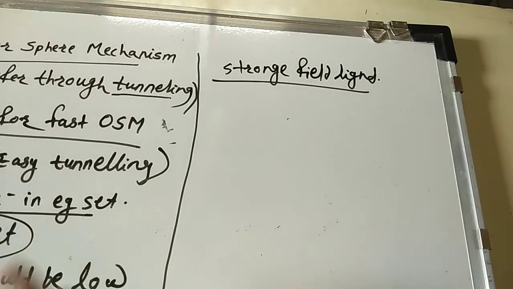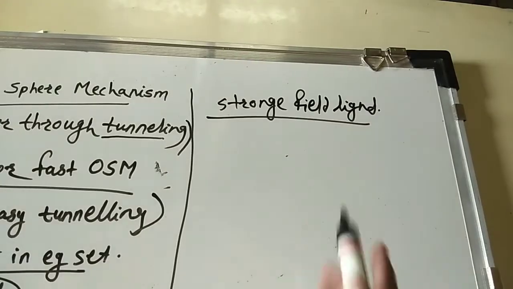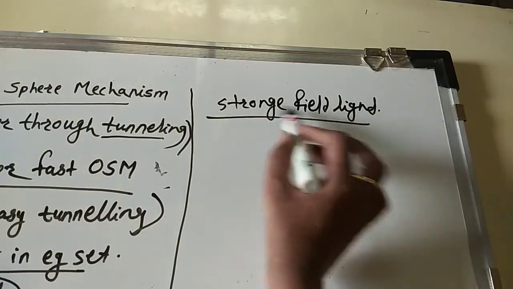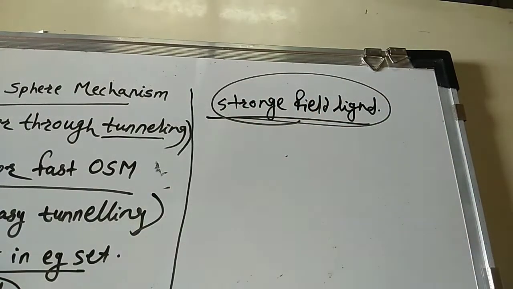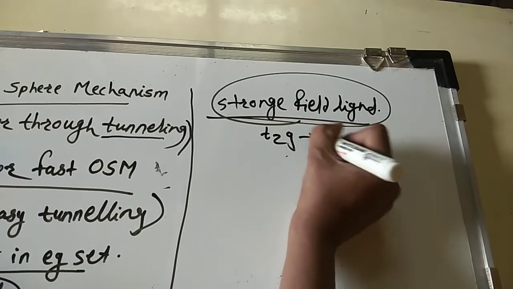So the next condition for the outer sphere mechanism is that the complex should be low spin. Low spin means a strong field ligand should be present in our complex. Generally for that purpose, electrons are transferred from t2g to t2g.